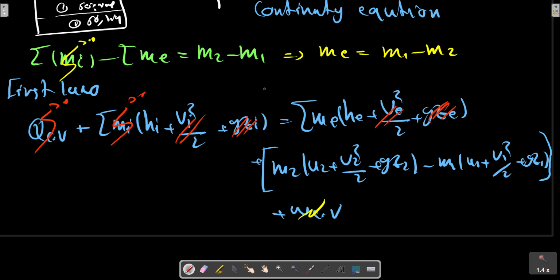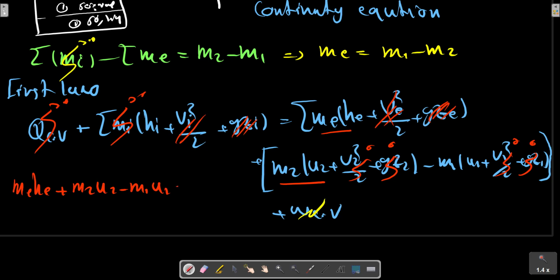So now we can simplify the relation. m_e h_e, negligible velocities and also altitude, plus m2 u2 minus m1 u1 equals 0.